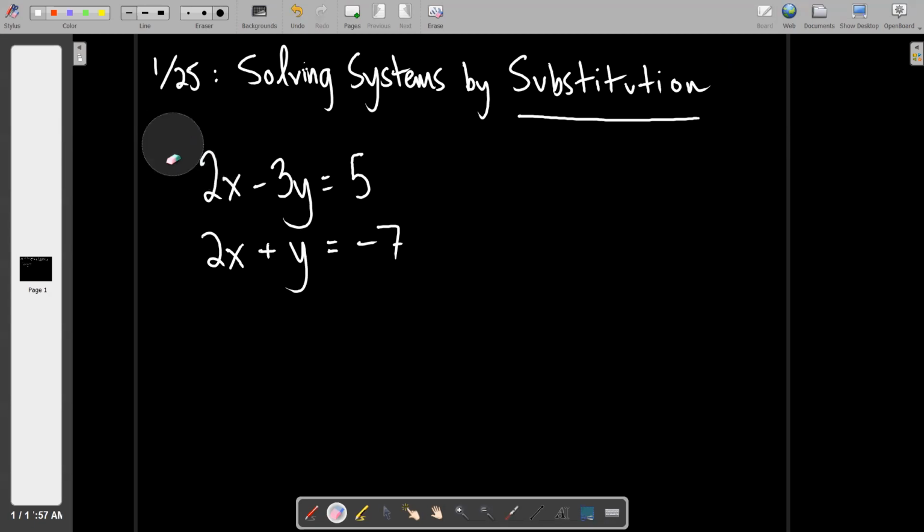When you see that bracket, maybe in a textbook, or on a test like the ACT, don't think that bracket means anything other than someone trying to tell you it's a system. Some people don't put it in and they just tell you it's a system and then you know what to do. So let's get to it.